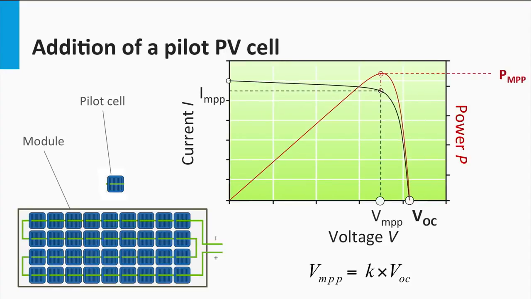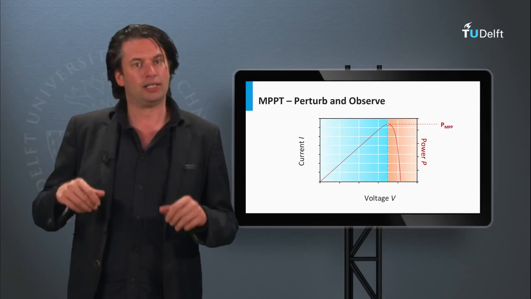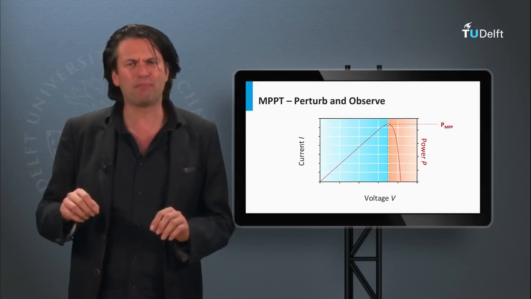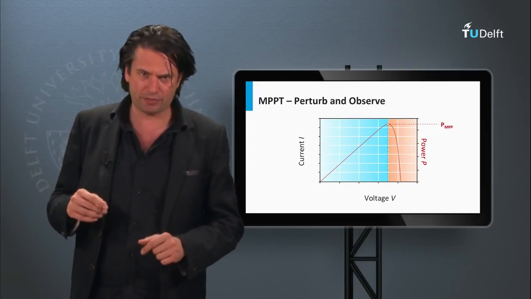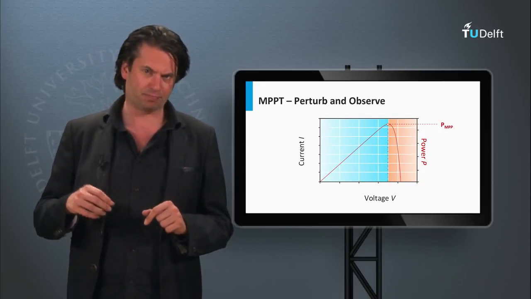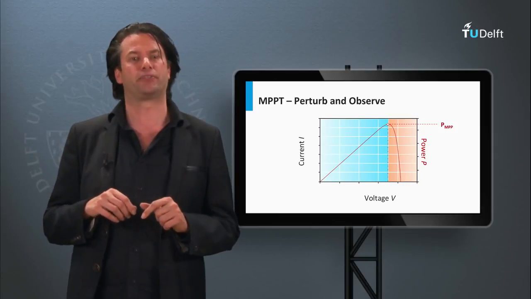Note that the inclusion of the pilot PV cell merely avoids the losses due to module disconnection. This method would still suffer from the problem of depending on the K value for estimating the maximum power point voltage. Now let's look at the more involved kind of maximum power point tracking, the direct maximum power point tracking.